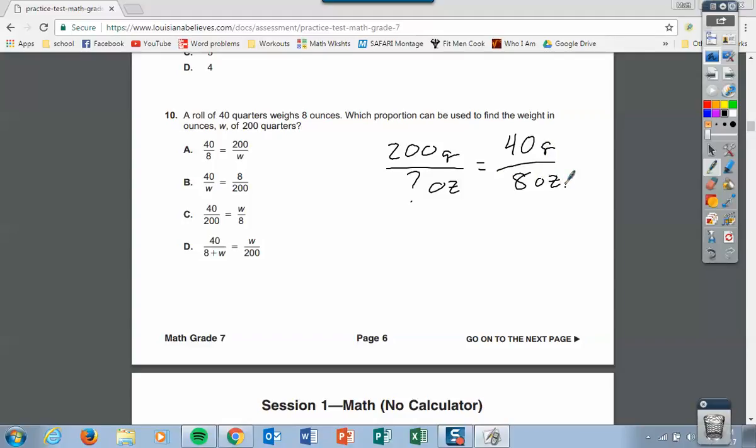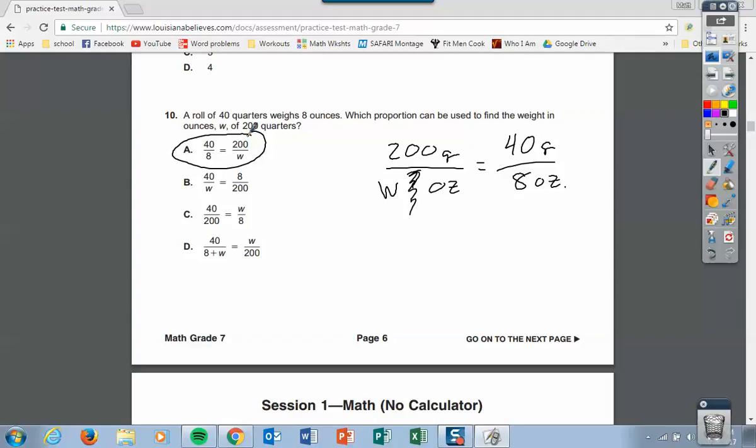I should be able to look for some rearrangement of this. Do I have 40 over 8? I do. Do I have equals 200 over something? I do. Oh, they use W, excuse me. So I see that this one works. Could I go 40 over W and 8 over 200? Can I figure that out?